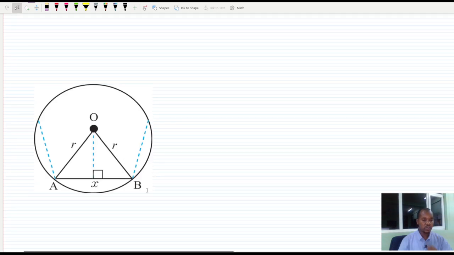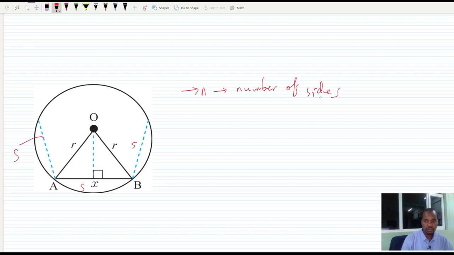So we are going to consider one side of the polygon, any polygon now. With this diagram, these are the sides of the polygon, and n here is going to be the number of sides. This angle here is going to be the angle theta, and for theta we take 360 degrees divided by the number of sides.